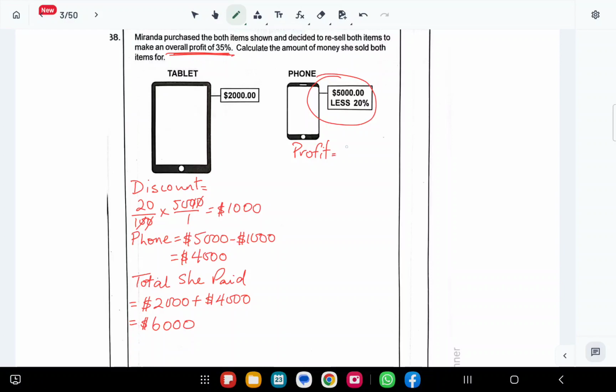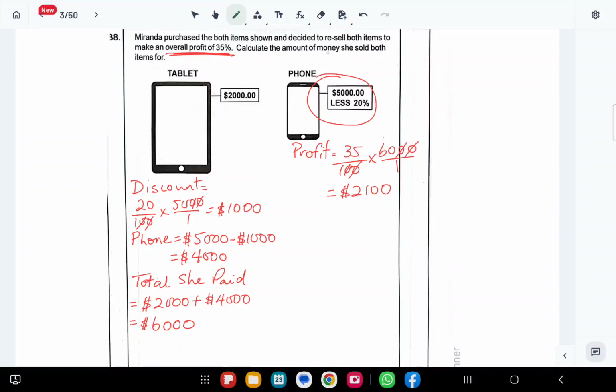So to calculate the profit, which is 35%, you put 35 over 100, multiply by the amount you paid for the items, which we found out to be $6,000, over 1. Cancel the zeros. This is 35 by 60, which will give us $2,100. So she wants to make a profit of $2,100.